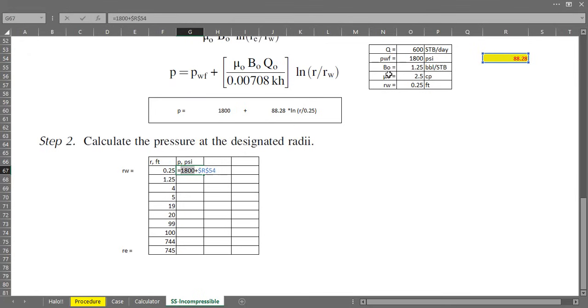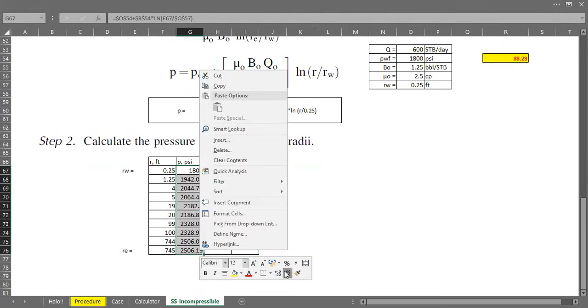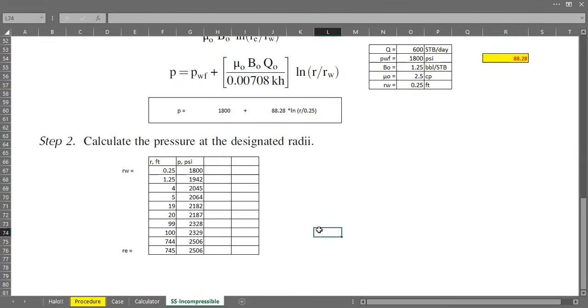And maybe I can use also this one, bottom hole flowing pressure, lock the number, and then multiplied by natural logarithm ln of the radius divided by wellbore radius, this one, and then I press F4 to lock this value. Okay, starting from 1800, and then I will just drag the calculation like this. And yeah, I get the pressure profile.